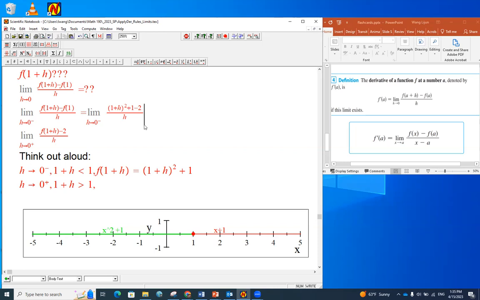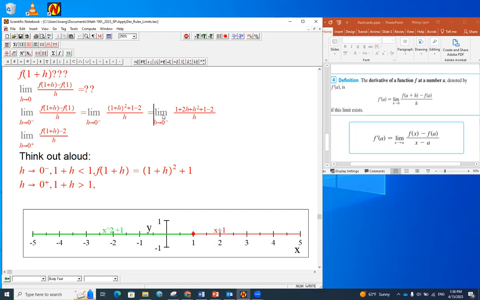Okay. And simplify. 1 plus h squared is 1 plus 2h plus h squared. Not 3, 2.